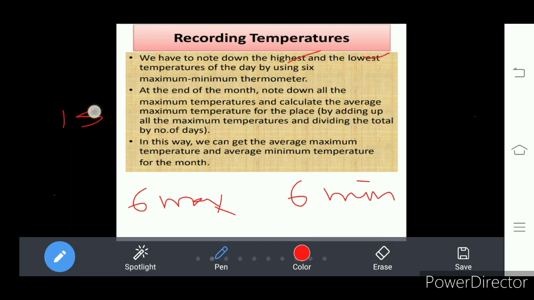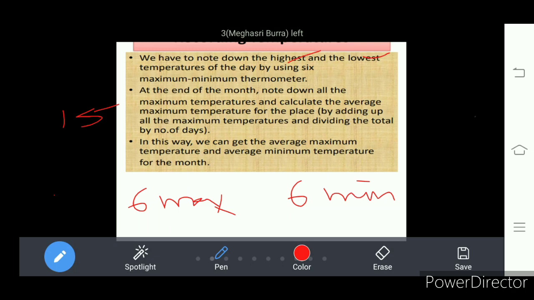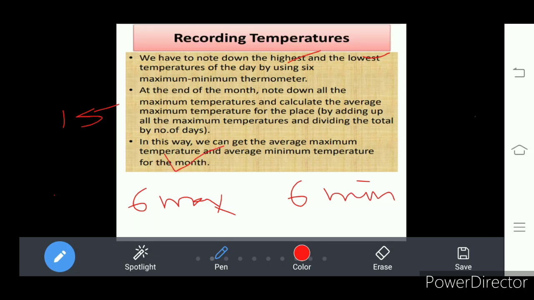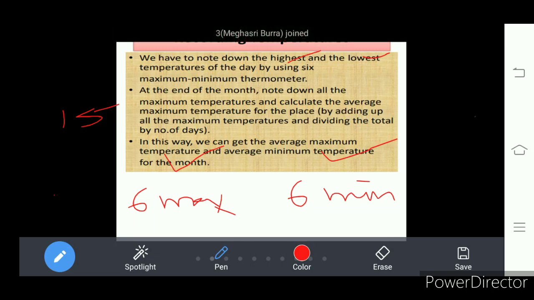So every day you have recorded six maximum temperatures and six minimum temperatures. Like that for 15 days, you will get the data of 15 days of maximum and minimum temperatures. So all these maximum temperatures we have to add.